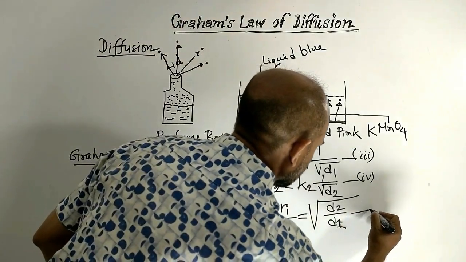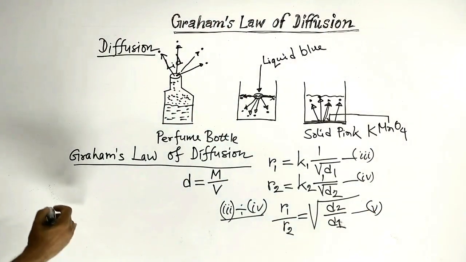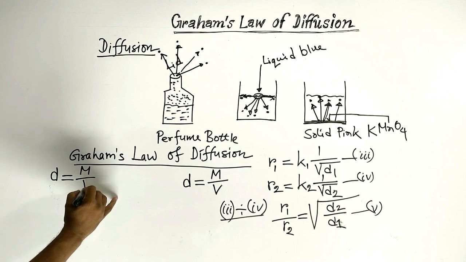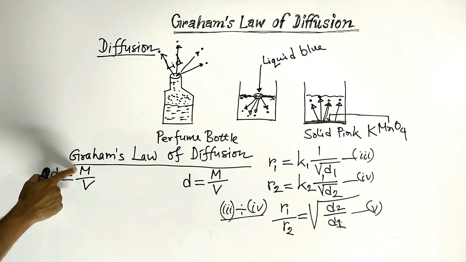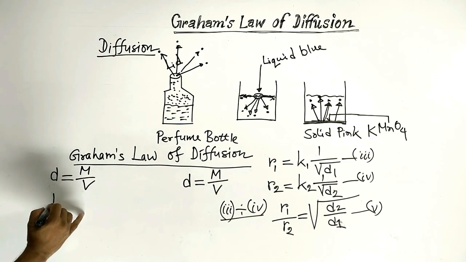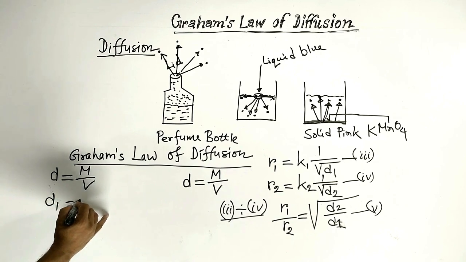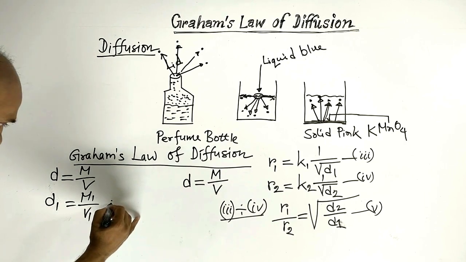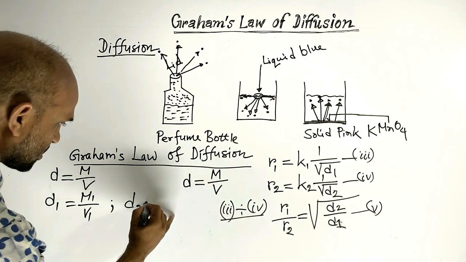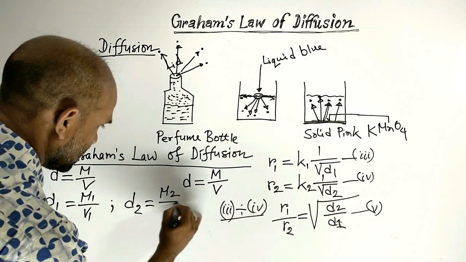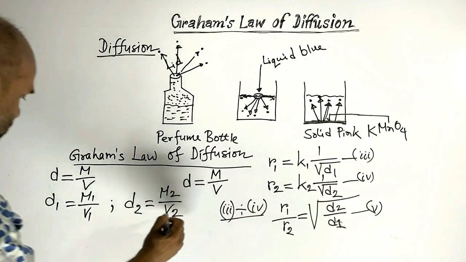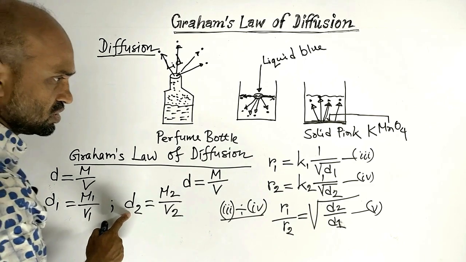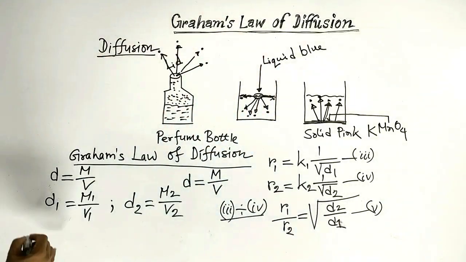Suppose this is equation number 5. We know density is equal to mass by volume. This is molecular mass. For the first gas we can write M1 by V1, and for the second gas we can write M2 by V2.